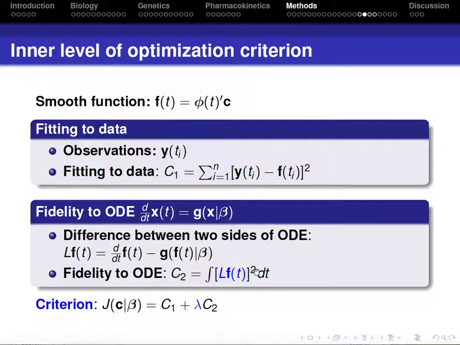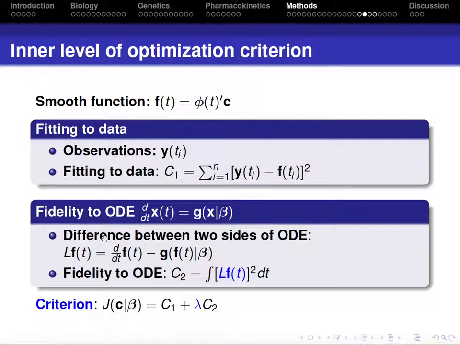Also, here you can see that we're using this differential operator to measure the fidelity of f of t to the ODE. Because we have this derivative of f of t, f of t cannot be too rough. The reason is that if it is too rough, you can imagine the derivative will become too big or too noisy, and then this difference will not be small, right?